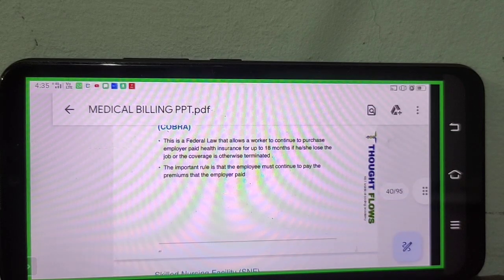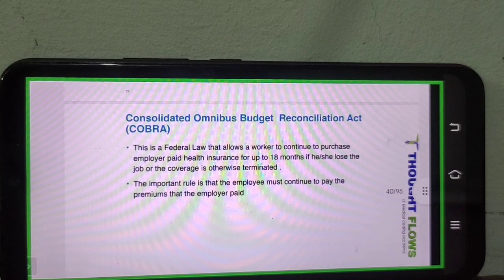Then COBRA, everybody knows COBRA: Consolidated Omnibus Budget Reconciliation Act. That is called COBRA.